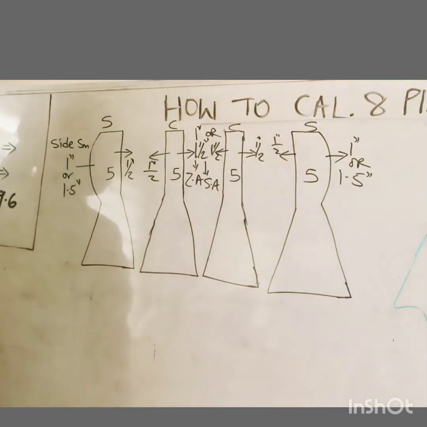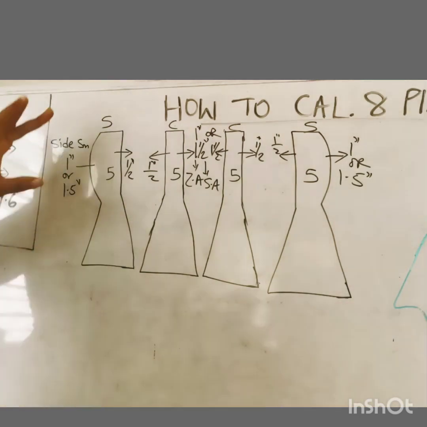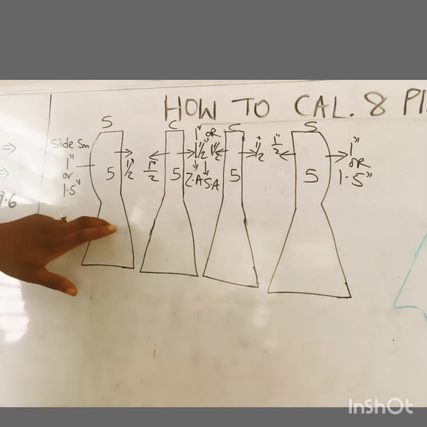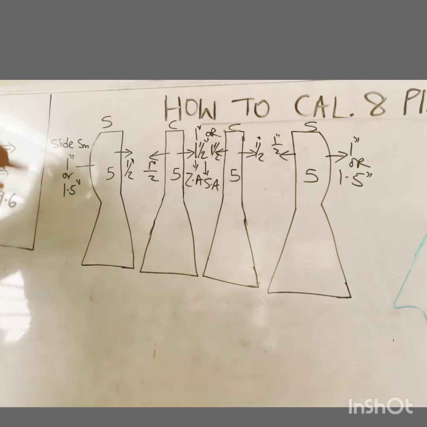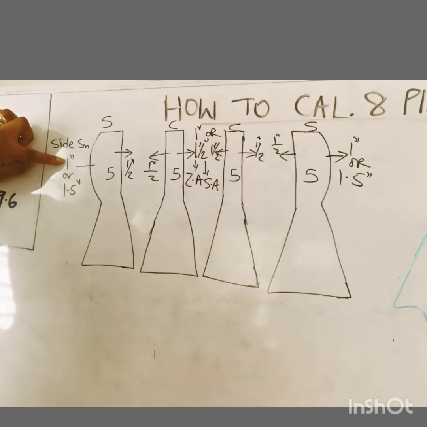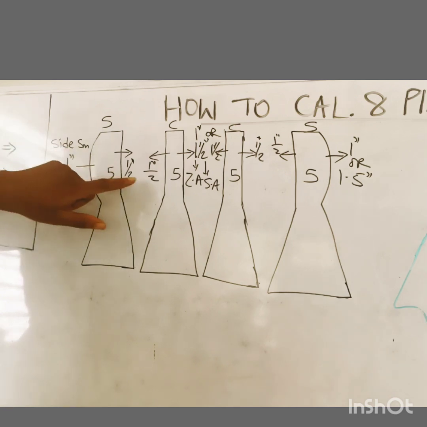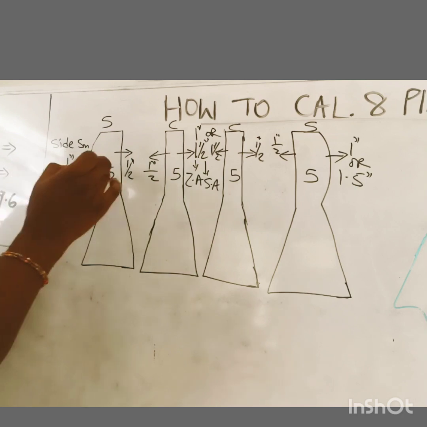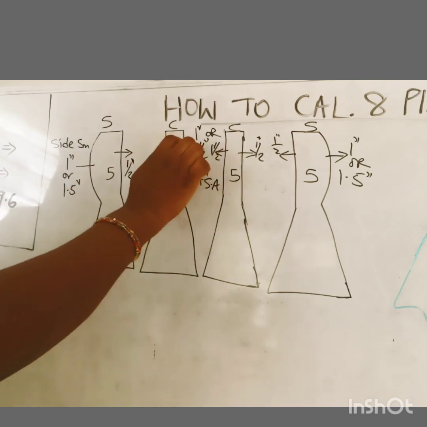Okay, so to now check the total inches that this particular one requires, if you are using 1 inch for the side, 1 plus 1/2, because 1 inch is the side and 1/2 is to join to this.